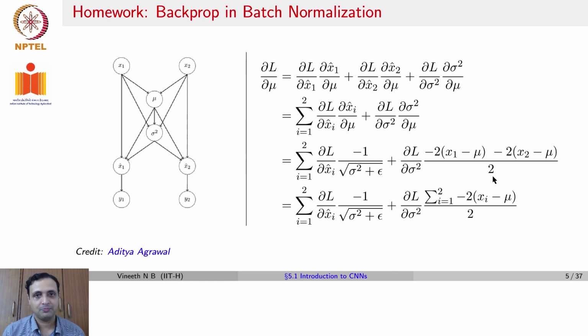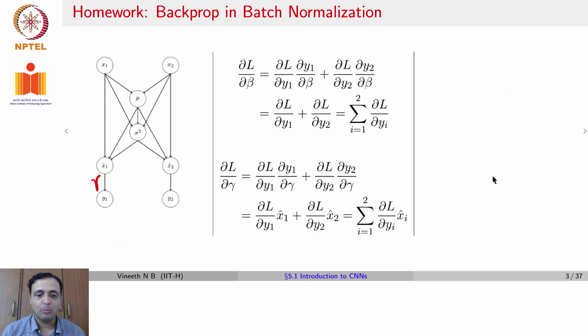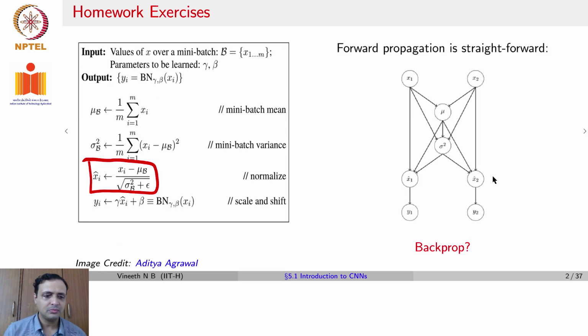Just to repeat that, remember that if we go back to the algorithm, from the same boxed equation here, you could take σb² plus epsilon to the other side and get xi hat as the denominator, and you would do this for x1 hat, x2 hat, and all of that.